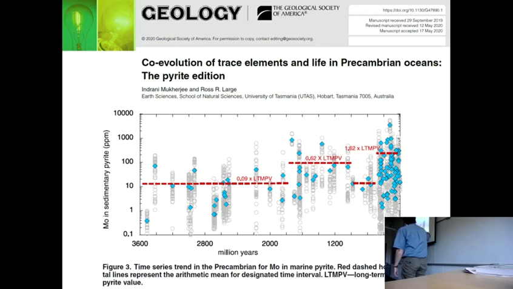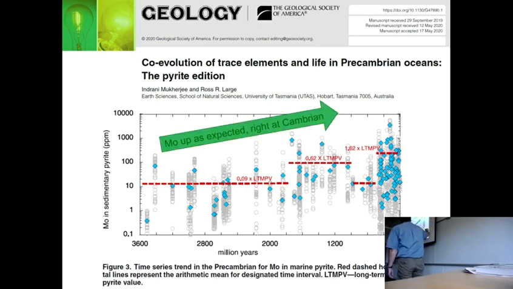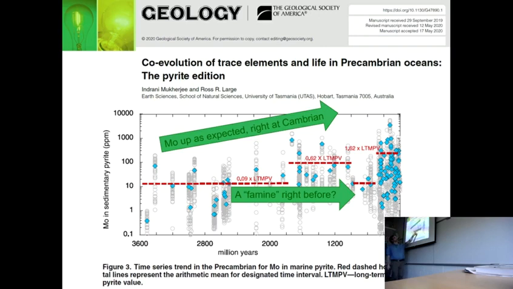And so they have a cool thing. It goes up as expected, but as with everything that is from a different source, it has a kind of cool little finding. They noticed that the pyrites were low right before life comes on the stage. Cambrian explosion, 600. Right before that, there seems to be a low amount of metals.